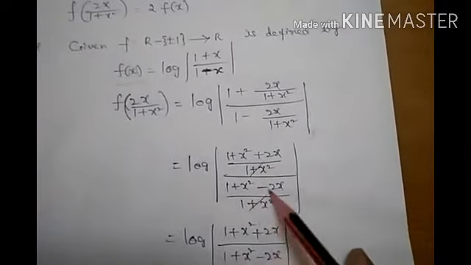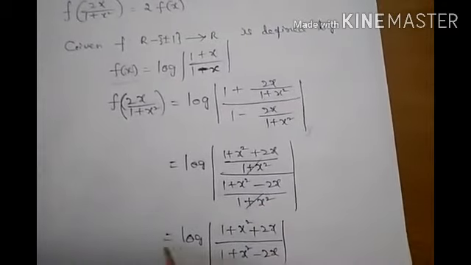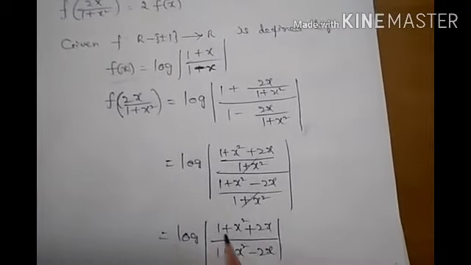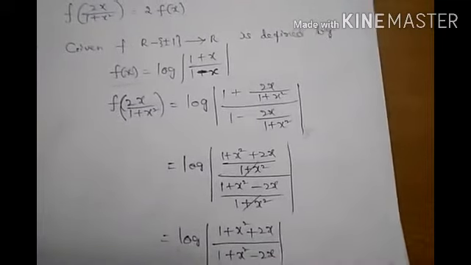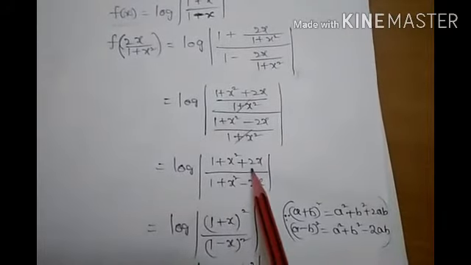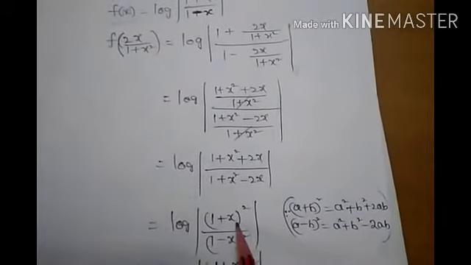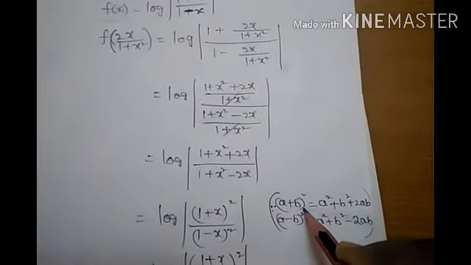Here 1 plus x square and 1 plus x square cancelled, and remaining is log of modulus 1 plus x square plus 2x by 1 plus x square minus 2x. We can write 1 plus x square plus 2x as 1 plus x whole square. Why? By using the a plus b whole square formula.